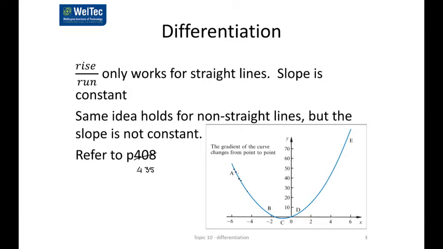Now, there are techniques to find the slope of a non-straight line, but in this course we're just going to take it as given. You will use a table of gradient functions to find the gradient or the slope of a line. But remember also, you are finding the rate of change. It's only the gradient if it's drawn as a graph.